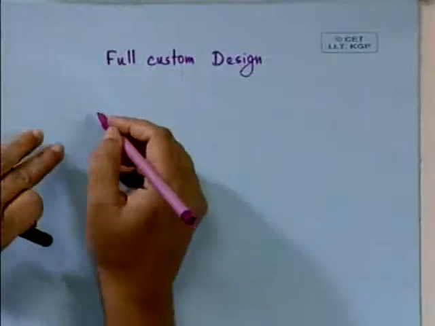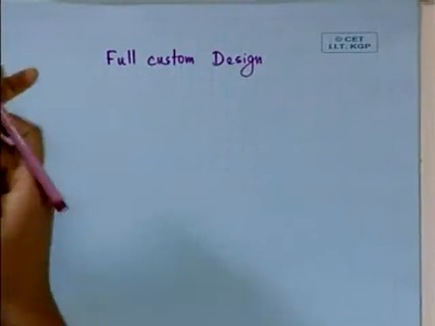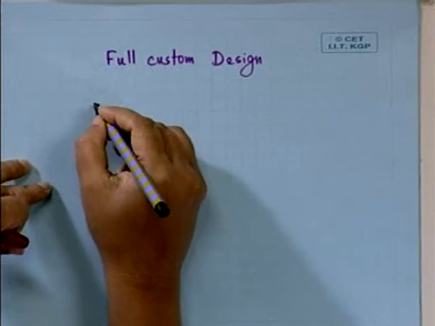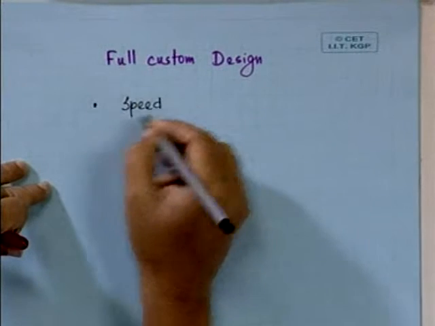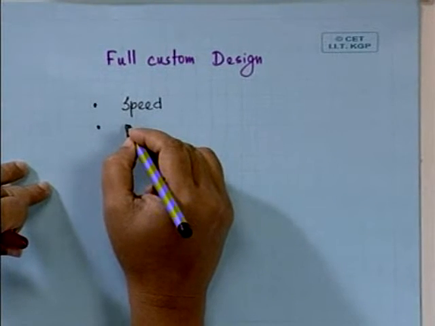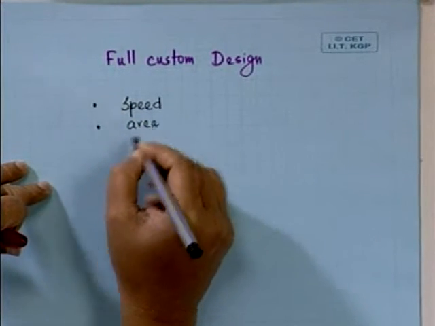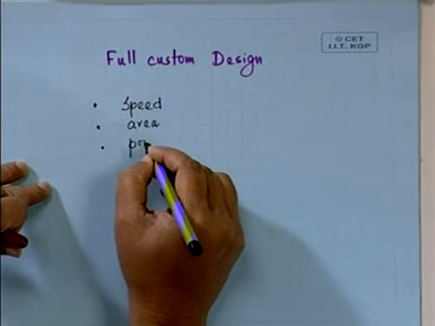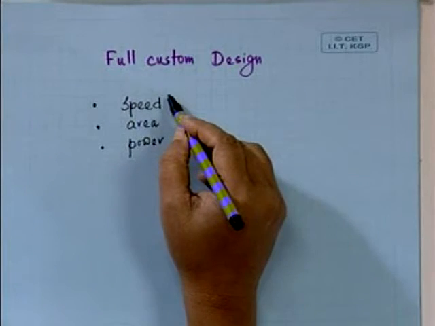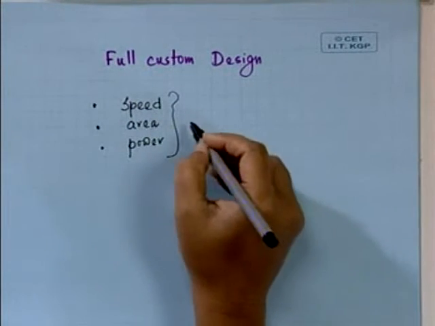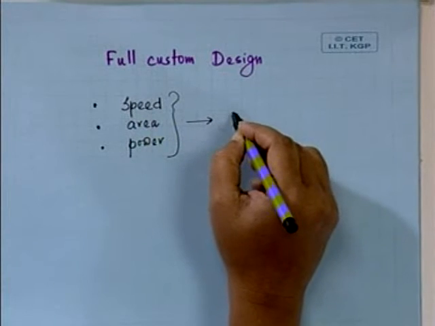Still, this is the most flexible one, because our main design criteria are three: speed, then minimum area, and then power. How to handle these three things is in the designer's hands.